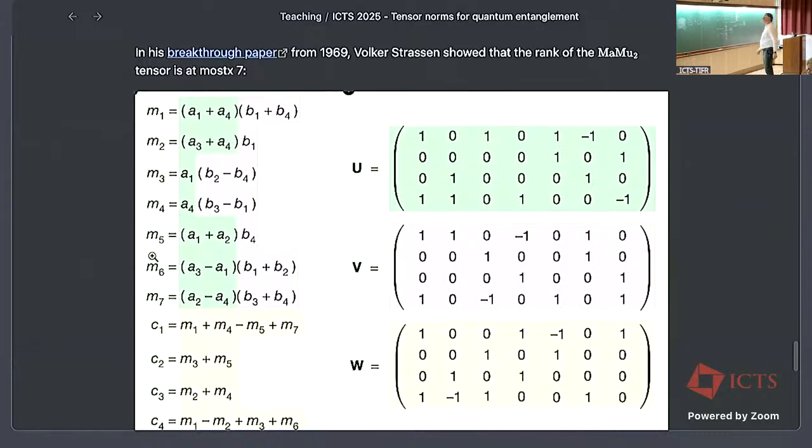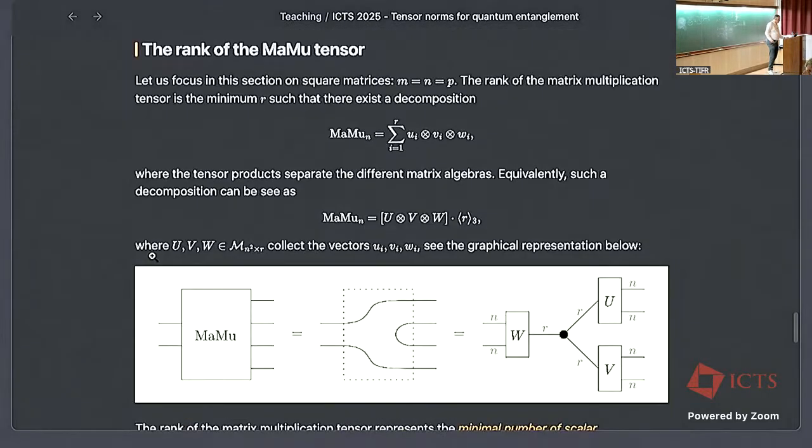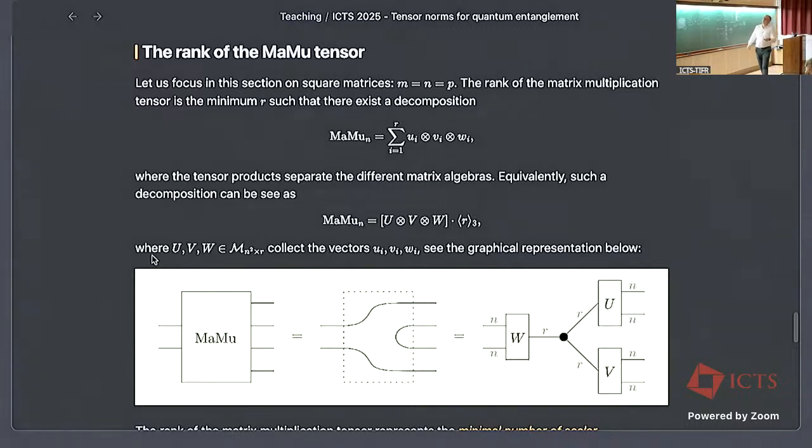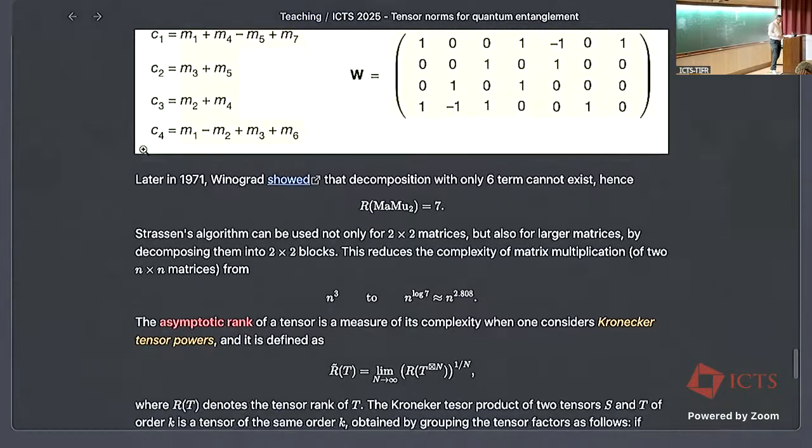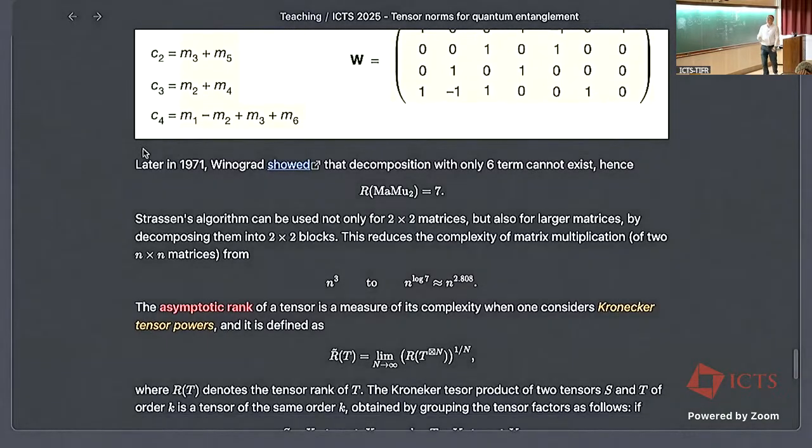So these are these matrices U, V, and W. You see these are matrices of size 4 times 7. So this shows that actually the rank of MaMu2 is at most 7. So I can multiply two 2x2 matrices using only 7 multiplications. Later, Winograd showed that it's actually 7. You cannot do it with 6.